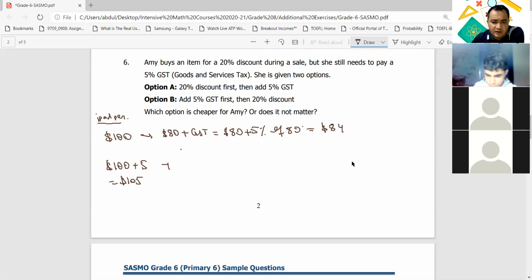Now if you make a discount, that means 100% of 105 minus 20%, that is 80% of 105, which is equal to 0.8 times 105.